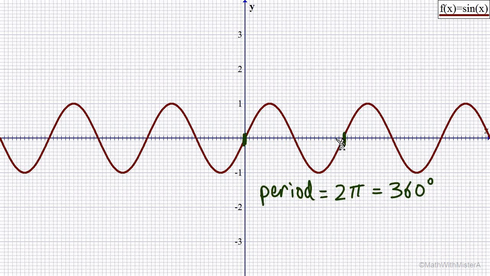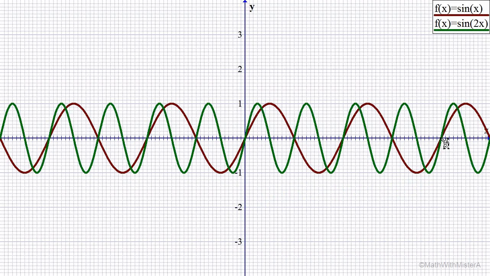That distance along the horizontal axis is what's required for us to see one complete cycle, and then we could see this piece being repeated over and over again. If we look at sine of 2x, which horizontally compressed this graph, it's going to change the period. We accomplish a complete cycle not in 360 degrees, but again divide by this factor 2. Now our period is 180 degrees.